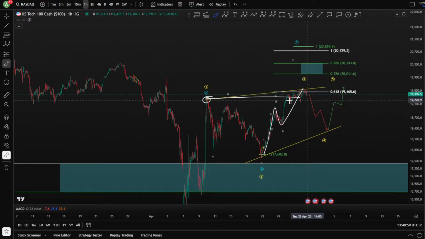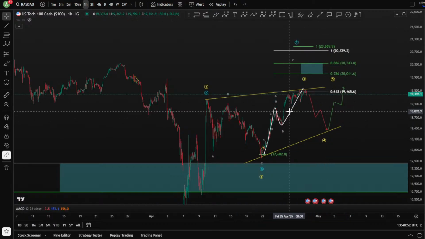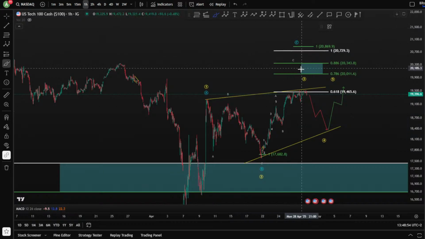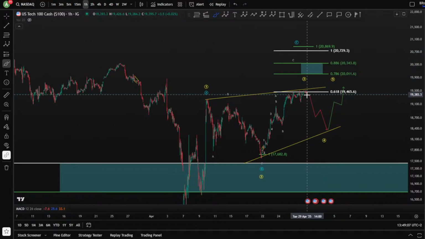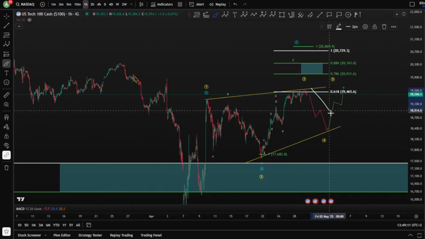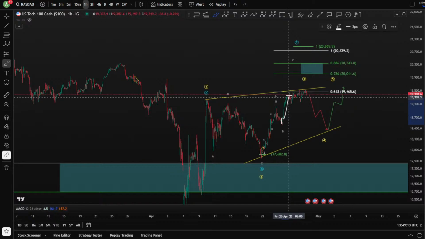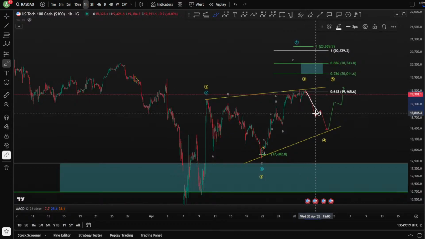I said this many times in every video: what you don't like to see is the price moving toward the upside, hitting the 1-to-1 fib level, and then invalidation of this leading diagonal. I said that I even prefer to move down from here, because I see it as more than enough of a finished impulse toward the upside, taking the all-time high, and we want to move toward the downside.